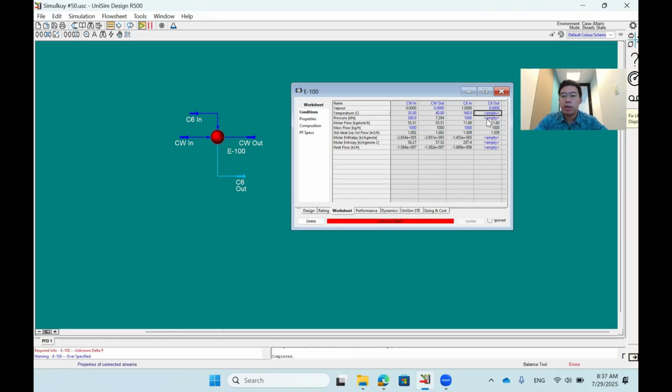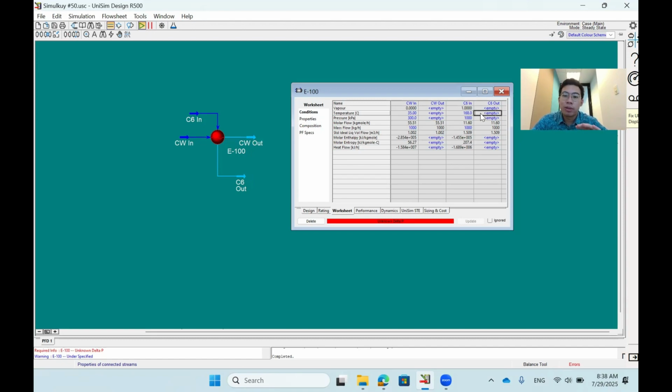But you will see that the pressure will be missing because in the C6 out, we only have one piece of information. So in other words, we cannot substitute the delta P spec with temperature or vapor fraction, because delta P is a standalone solver, separate from the temperature or the heat balance. This is actually my guess from what I observed just now.